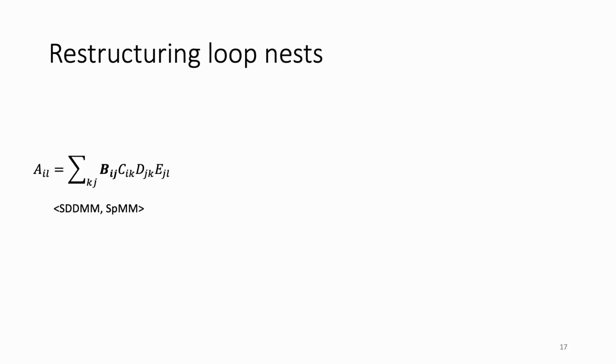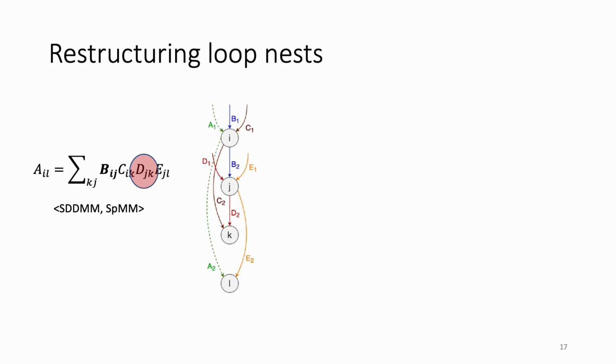Now, let's consider our sparse tensor kernel example, the combined sampled dense matrix multiplication and sparse matrix multiplication. Notice that the tensor B is sparse here, and let's assume its format to be compressed sparse row format. For this sparse tensor computation, we can generate an iteration graph as the intermediate representation.